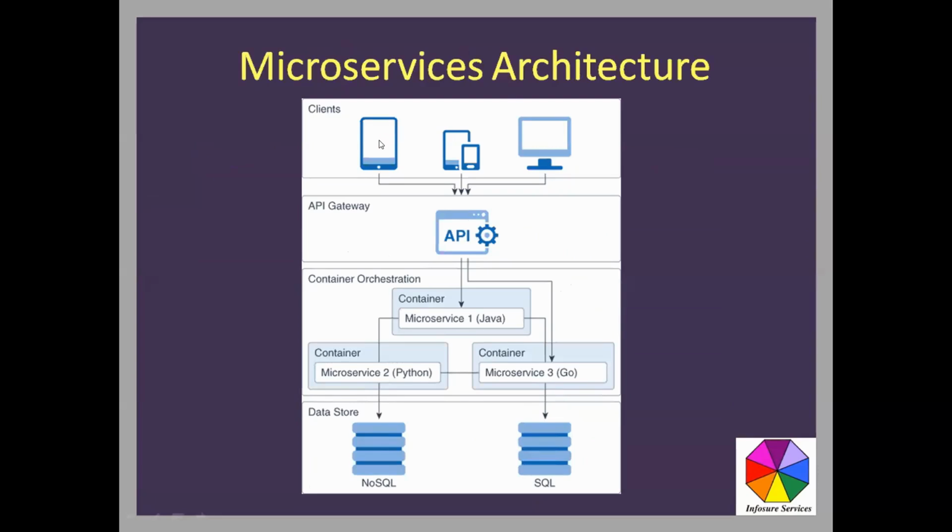You have the client at one end, and of course the server at the other end can connect to different services. The client layer here has various devices, like mobile, tablet, and desktop.